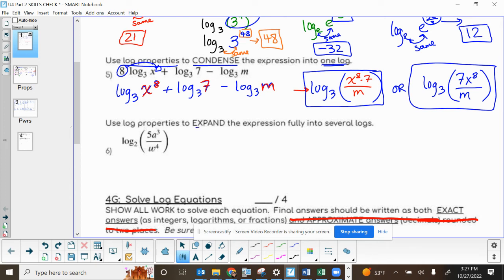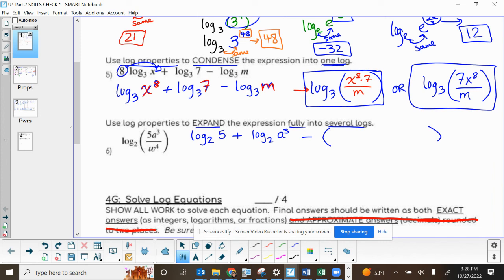Now I'm doing the same thing, but I'm expanding it into several logs, and I need to do it fully. So I can say this is log base 2 of 5 plus log base 2 of a to the 3rd, because when I multiply, that's addition, and then minus all of this.